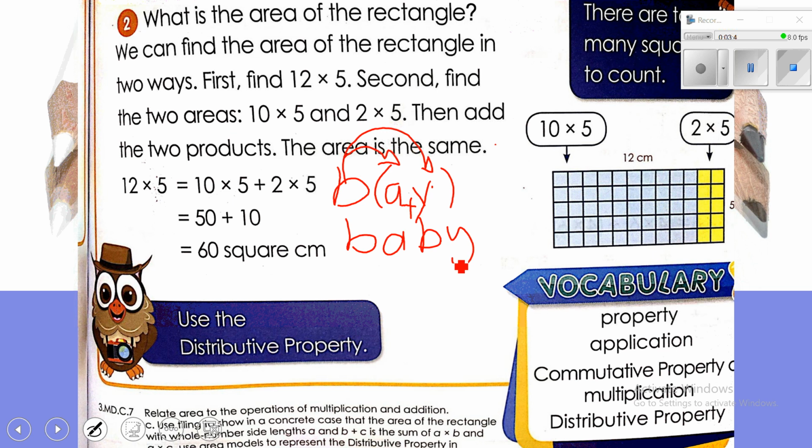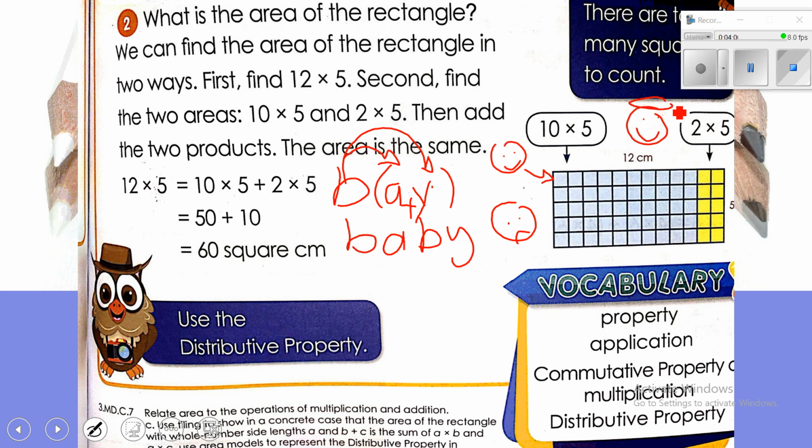For example, this is our friend Hamad. Hamad wants to color all this rectangle, but he looks sad because this rectangle is so big. His friend Muhammad told him, I can help you.